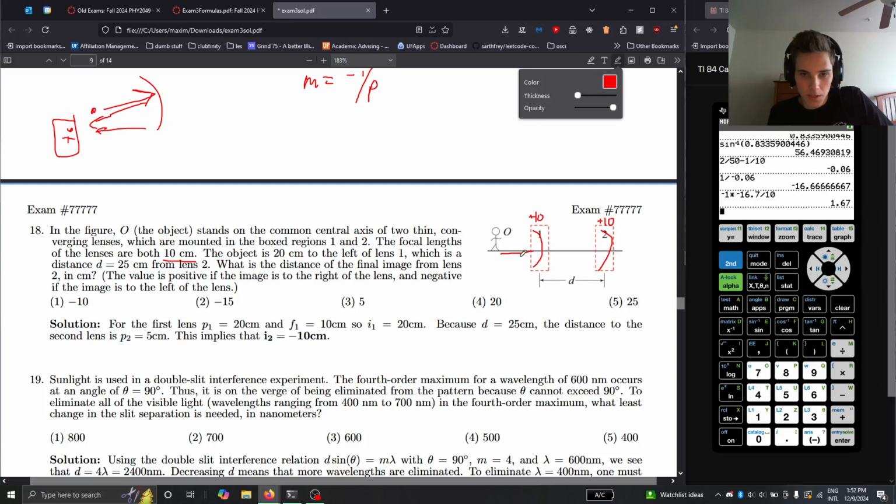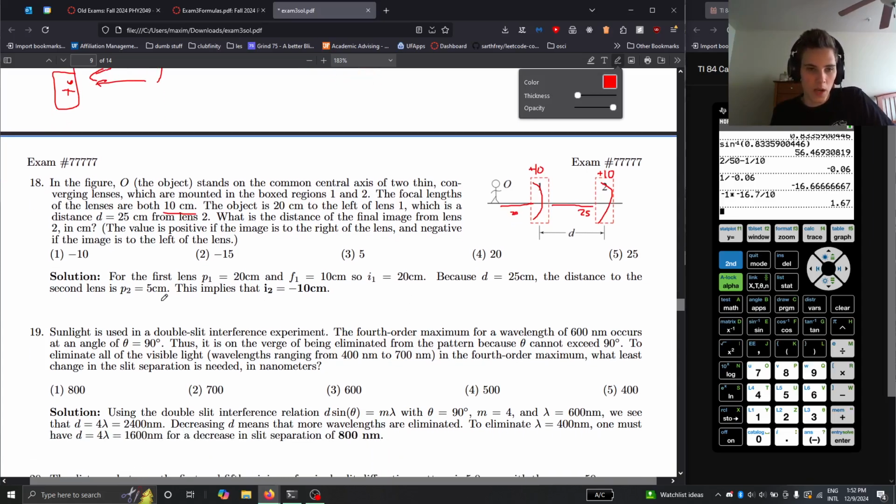So this is a 20 centimeter gap here, and this is a 25 centimeter gap here. We want to know the final distance of the image. So we'll start with 1 over F is equal to 1 over P1 plus 1 over I1.